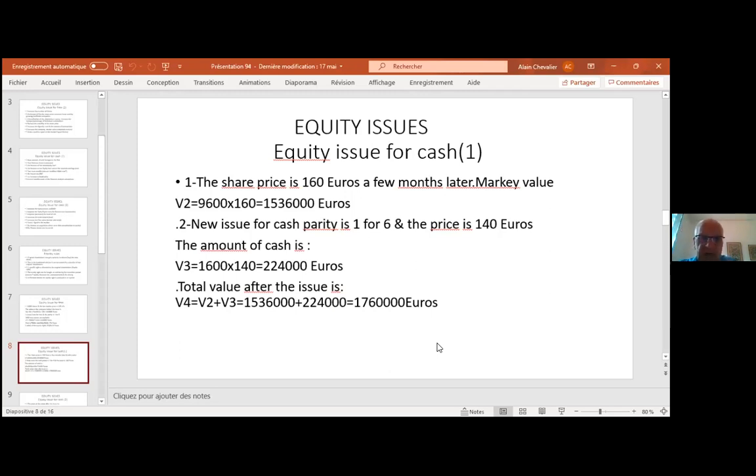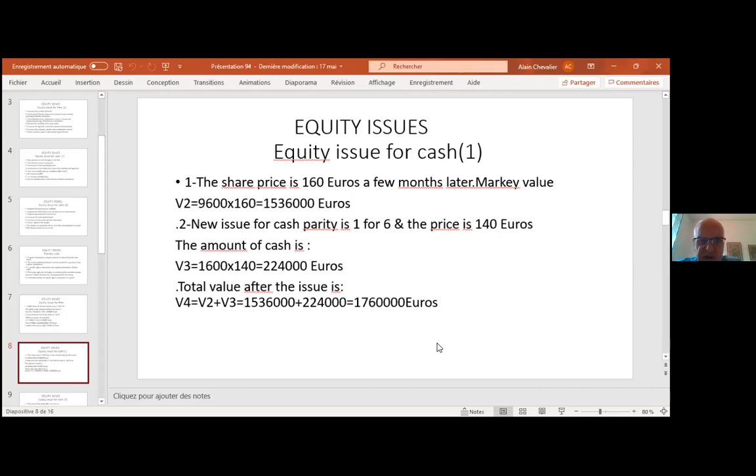And now what we know is that we will issue a number of shares, which is again 1,600. But 1,600 has to be compared not to the 8,000, the original number, but to the existing number, which is 9,600. And if you divide 9,600 by 1,600, it is equal to 6.